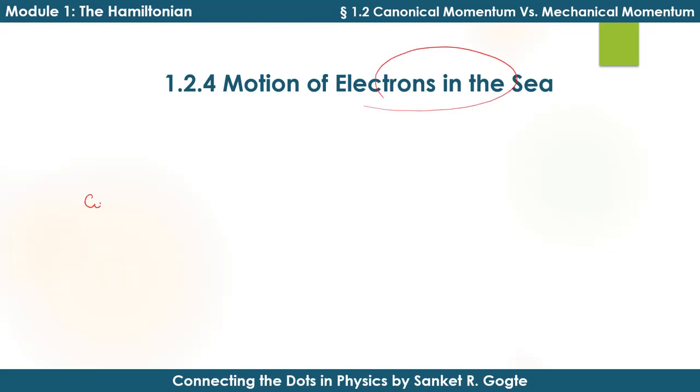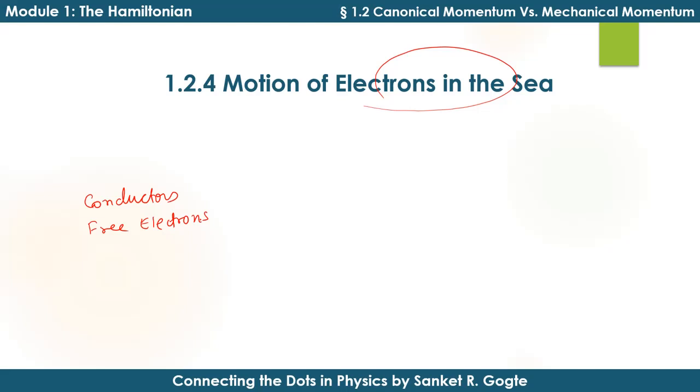For good conductors, what we have are free electrons. These electrons are free to move inside the metal, and they are not bound to a particular site or atom, and therefore in a way you can say that this metal is filled with a sea of electrons, where these free electrons are free to move under an externally applied force.